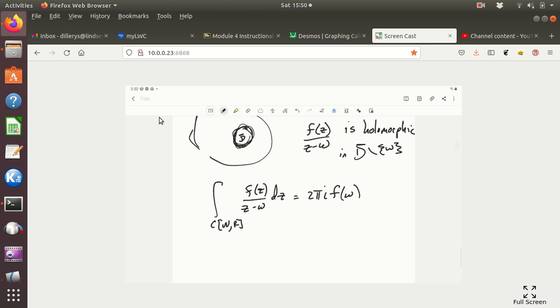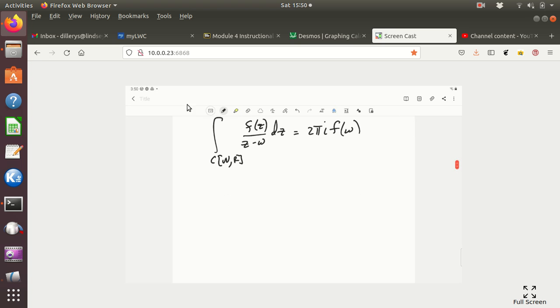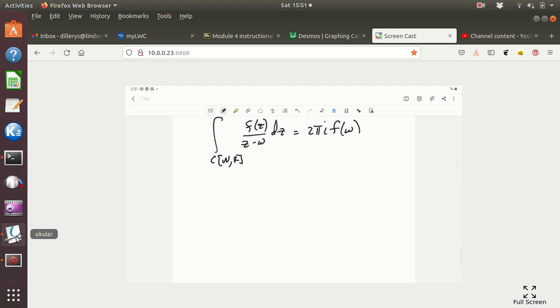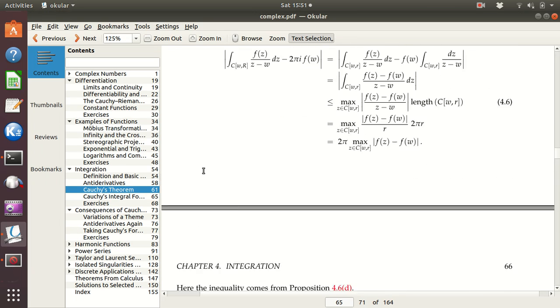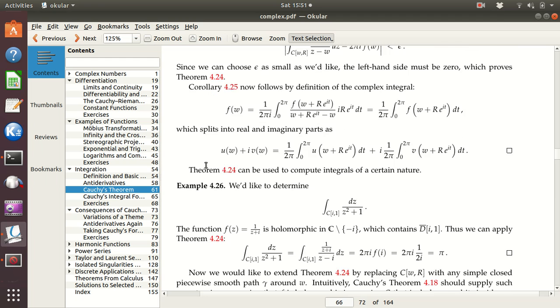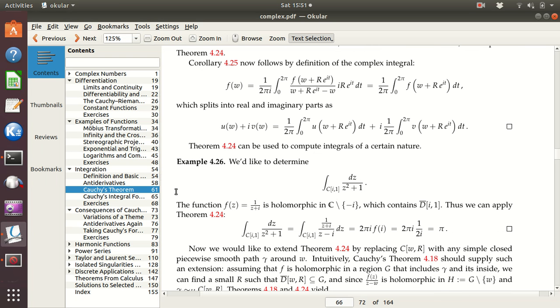Alright, so they give an example. We'll have to jump down a little bit to find it. Example 4.26. I'm going to write it down and then switch over to there.